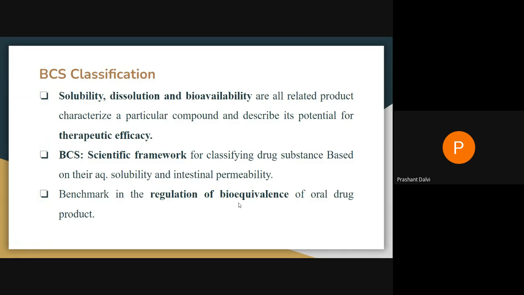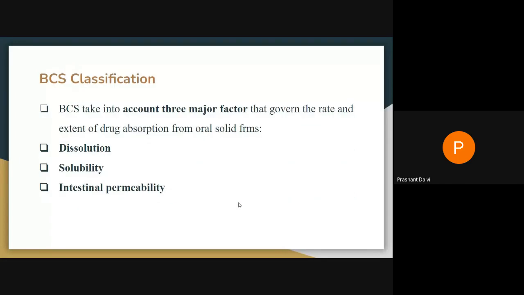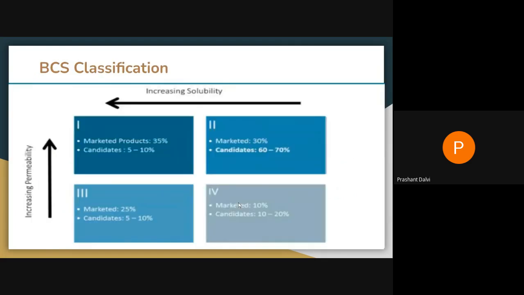The majority of these drug compounds are in class 2 and class 4. So the BCS gives us a scientific framework for classifying drug substances, new chemical entities, based upon their aqueous solubility and permeability. Also, it is a benchmark in the regulation of bioequivalence of oral products, and BCS takes into account three major factors: dissolution, solubility, and intestinal permeability.